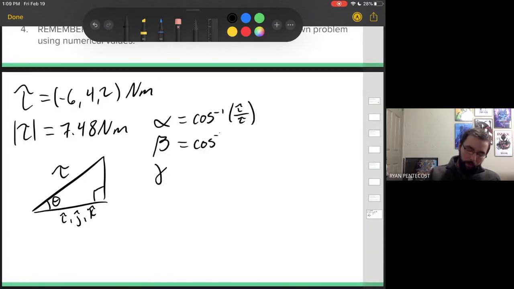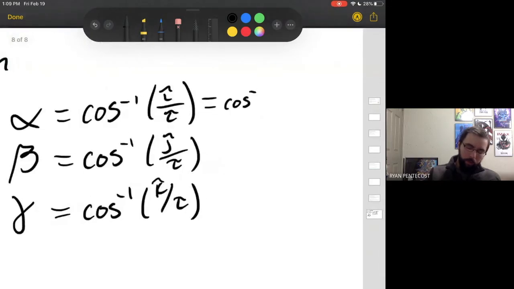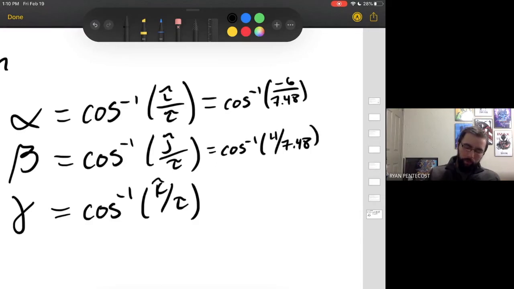Beta would be your cosine inverse of J divided by torque. And gamma would be your cosine inverse of K divided by torque. So this would be the cosine inverse of -6 over 7.48. This would be the cosine inverse of 4 divided by 7.48. And this would be the cosine inverse of 2 divided by 7.48.